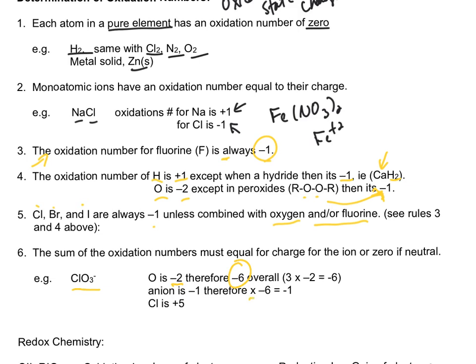Chlorine, added to the -6, gives you a -1. I get this -1 because this is a -1. And so chlorine, in this case, has to be 5. And that's how we find oxidation states. It's just a fancy version of charge. Okay? Thank you very much.